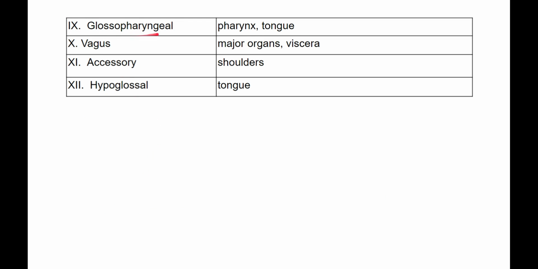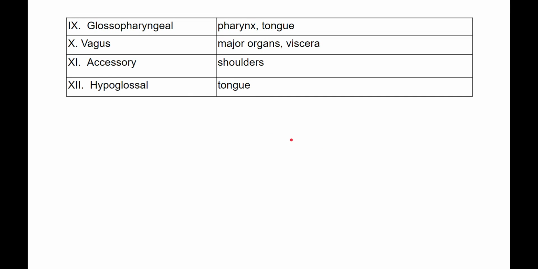Then you have the glossopharyngeal, that's the pharynx and the tongue, the space right behind your tongue. Then you have the vagus nerve, that's your major organs and your viscera. Your accessory, we'll just narrow it down to just shoulders. And then the hypoglossal, below the tongue, so that runs up to the tongue and controls the tongue.